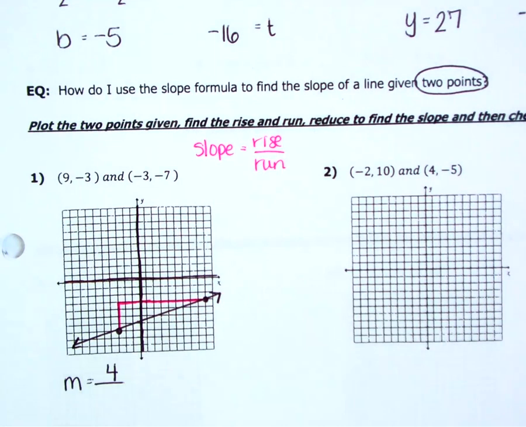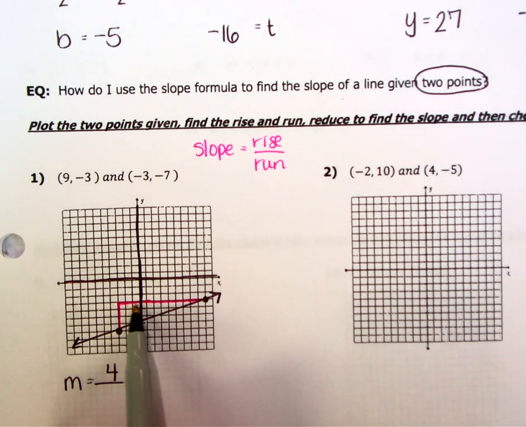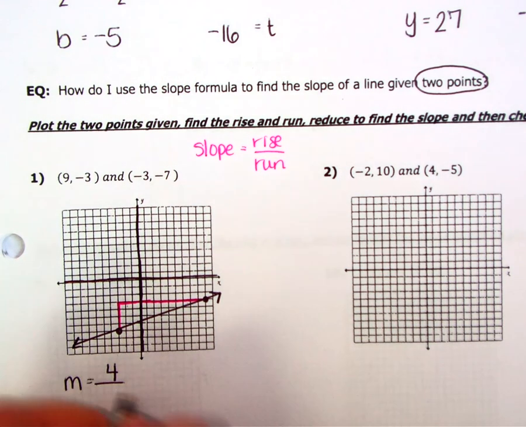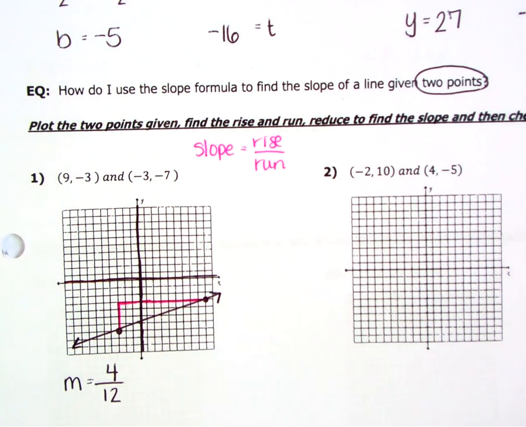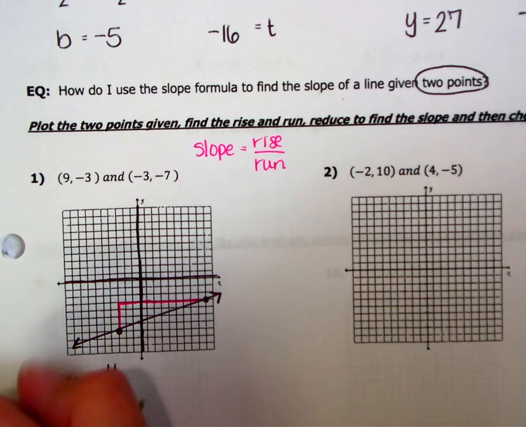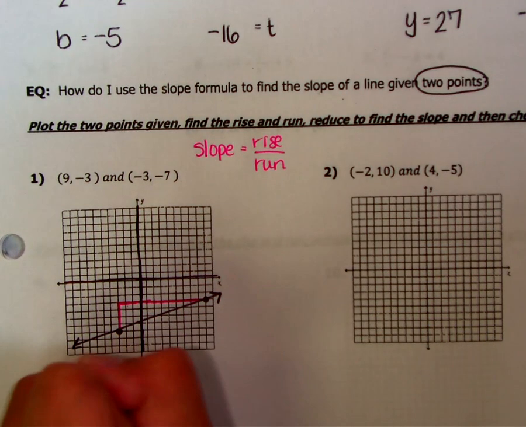And how much do I run? So my slope for this one is 4 over 12.